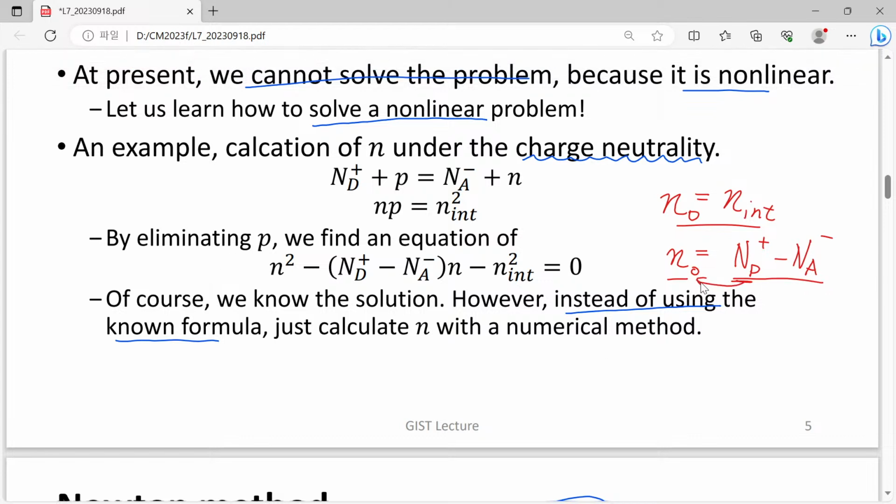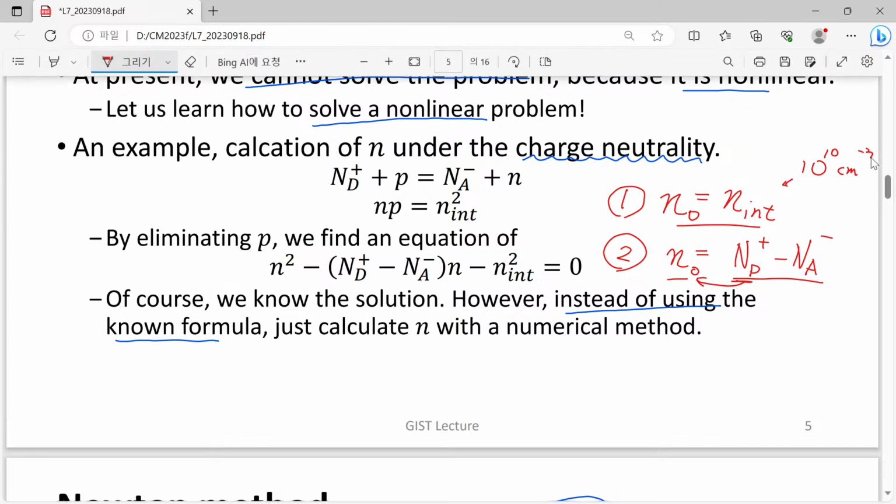So now think about this case. I start from intrinsic carrier density, or I start from donor density. Which one will give you better convergence behavior? How many iterations will be required to get a good solution? Obviously, when you start from intrinsic density, at 300 Kelvin, you start from 10 to the 10 per cubic centimeter.